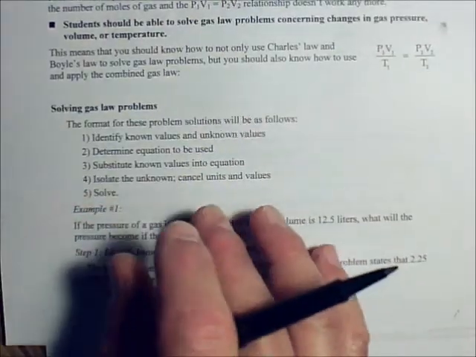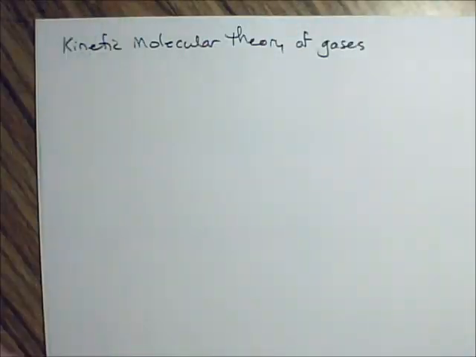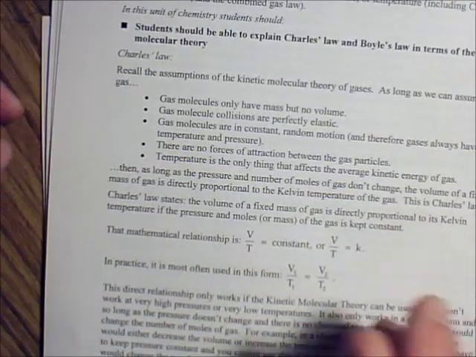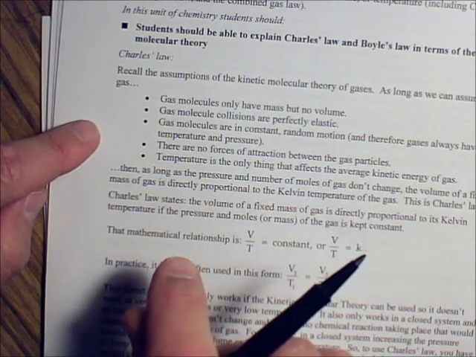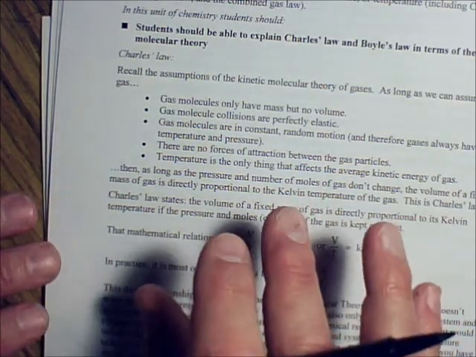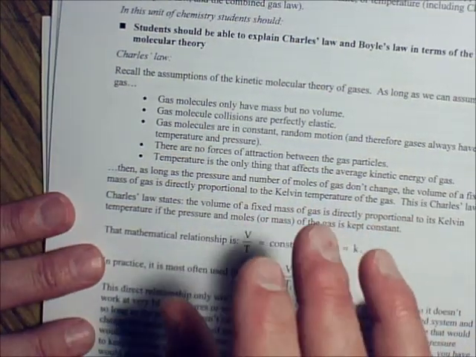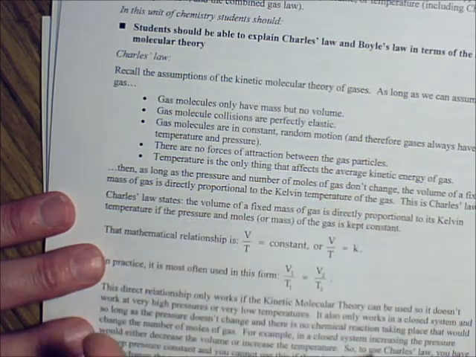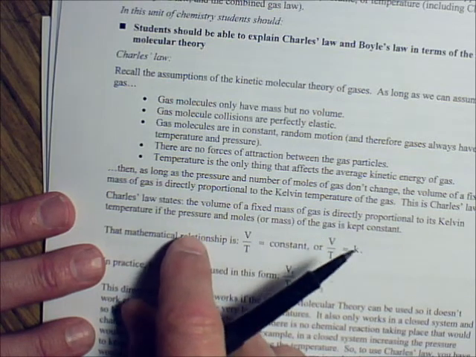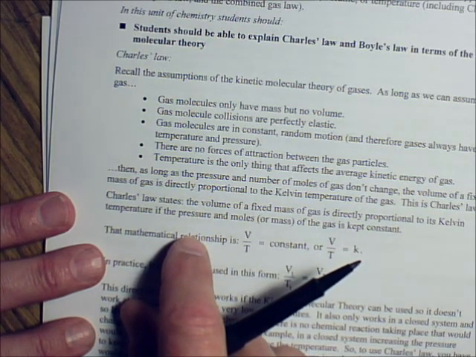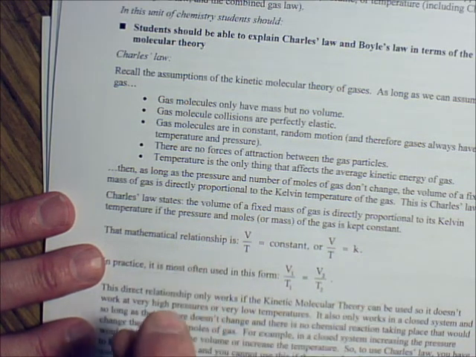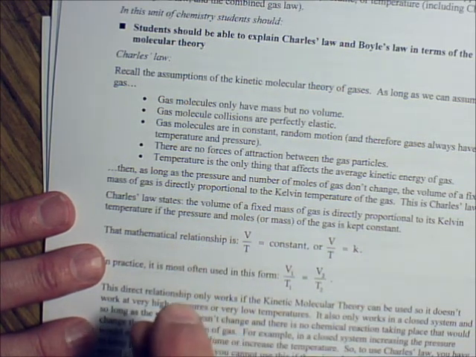All right. Now here's what you need to know about this. All of the gas laws we'll be doing math with in here are based on the idea that we are dealing only with ideal gases. All of the gas laws we're going to be working with in this class are based on the concept of ideal gases.